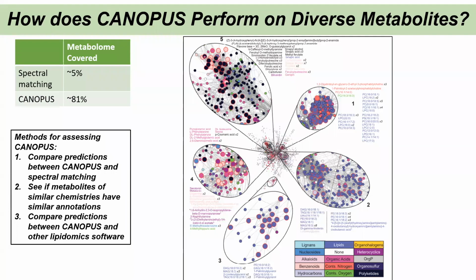This group is potentially the most diverse, but we still think there are similar chemistries outlined in here: amino acids and other aminoids, perhaps small metabolites. On the whole, there are no definitive quantifications to say how well CANOPUS is doing, but we see similar chemistries having similar annotations.